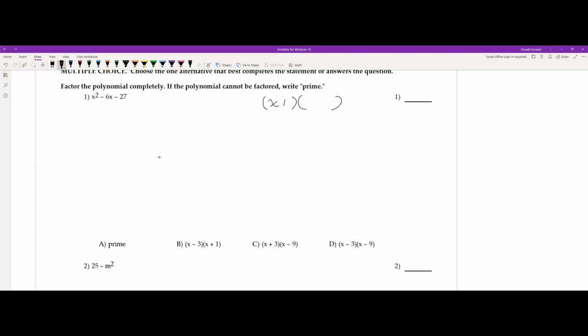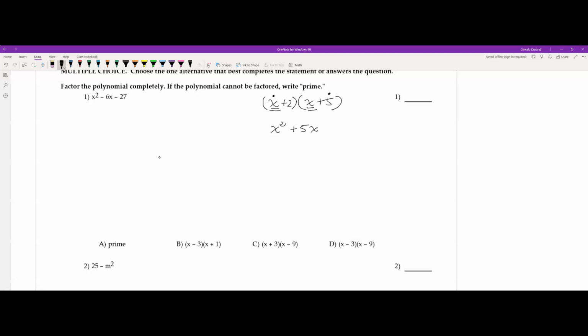So if you have x plus 2 times x plus 5, we know that we have to multiply the first term, you get x squared. Then you multiply the outer term, which is the x and the positive 5, so you get plus 5x.